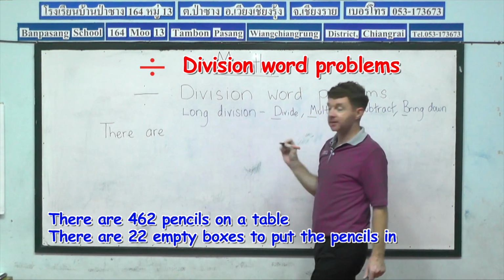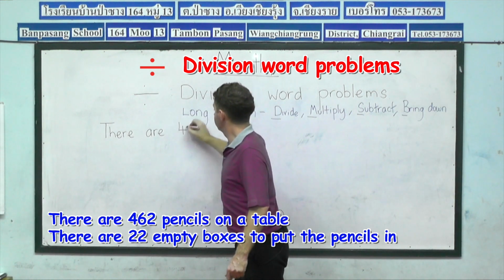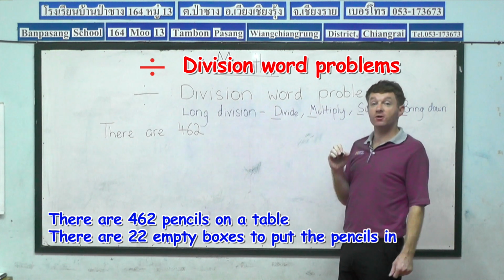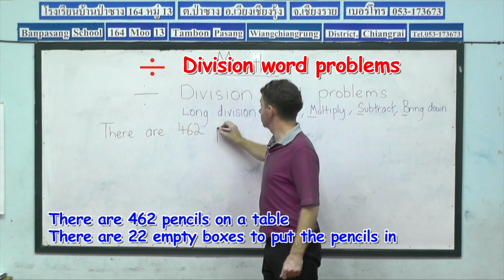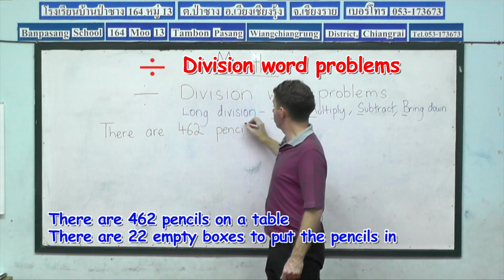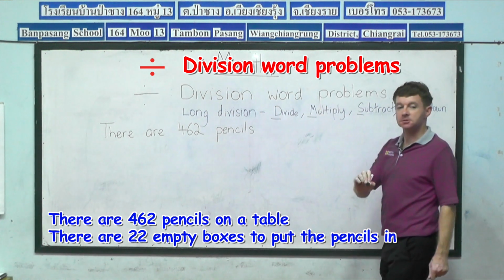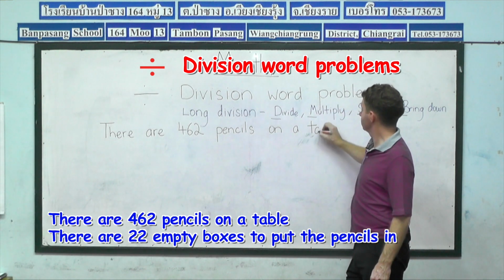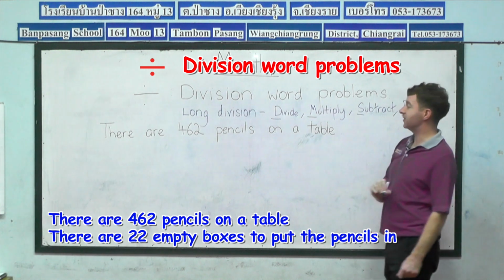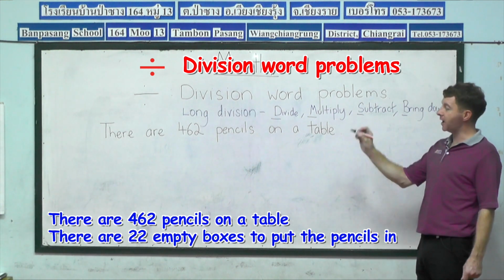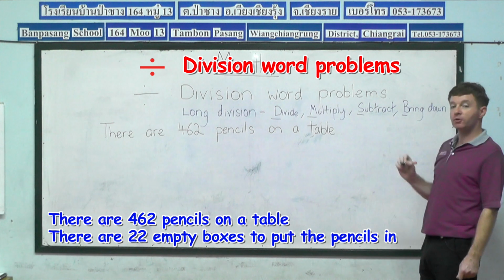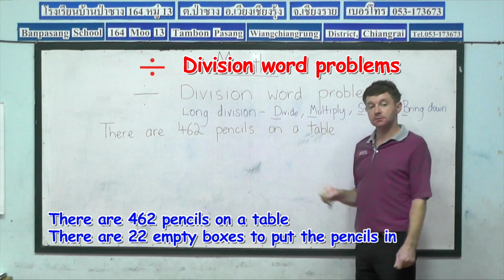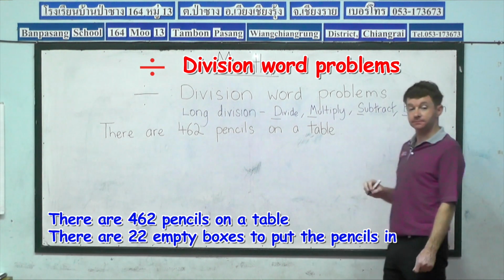There are 462 pencils on a table. Yes, there are 462 pencils on a table.